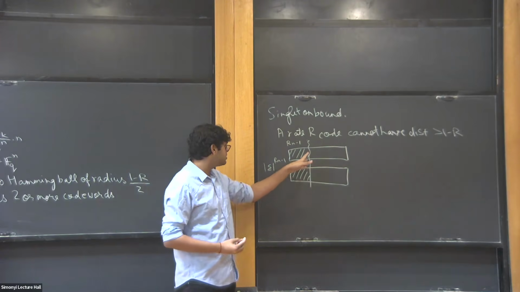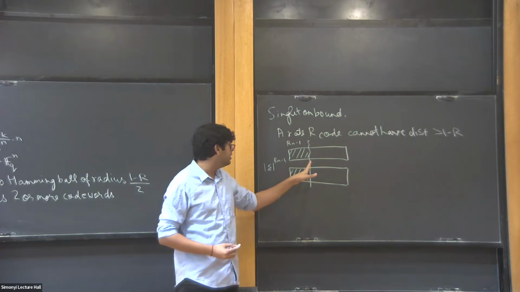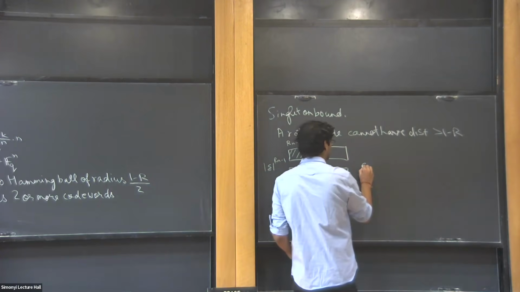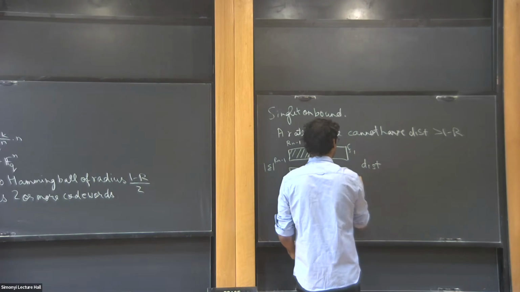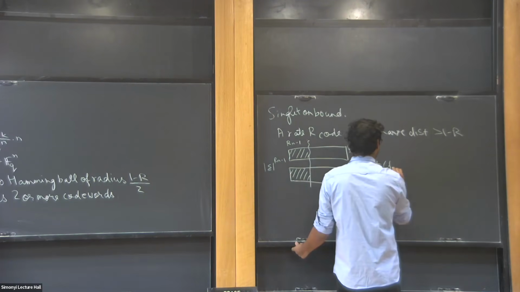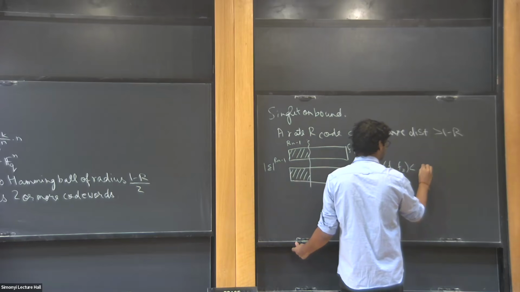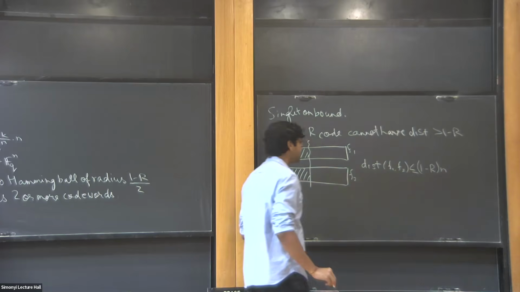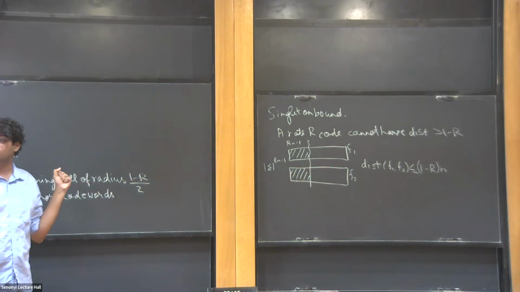These two cannot differ on the first rn minus 1 part. They differ on all the remaining ones. So the distance for these two, let's say f1 and f2, is always at most 1 minus r. So for any rate r code, we can find such two code words.